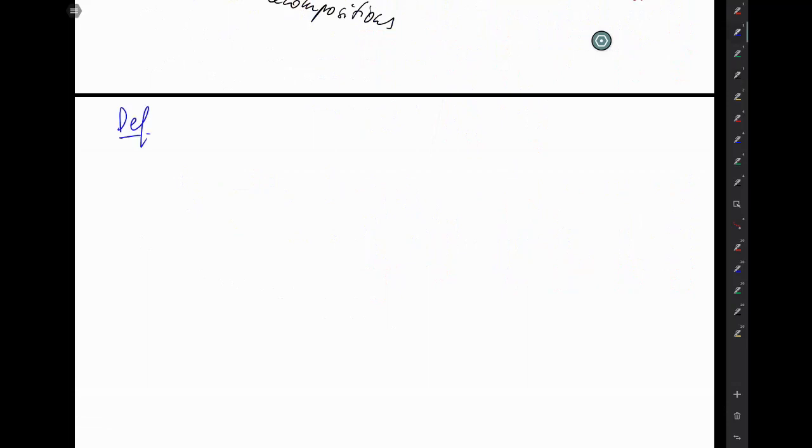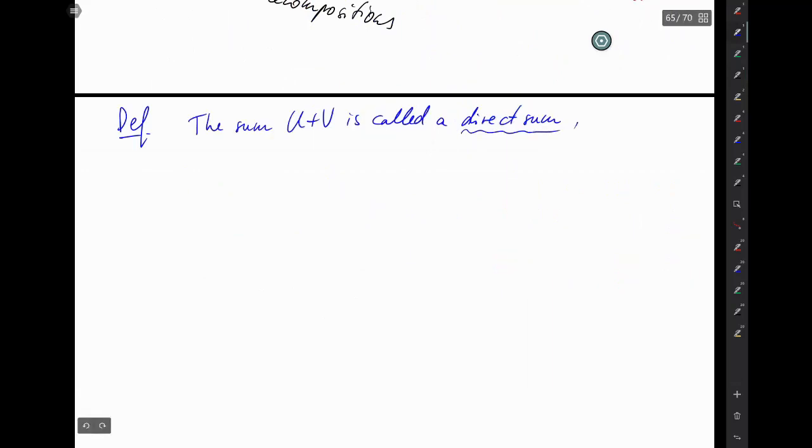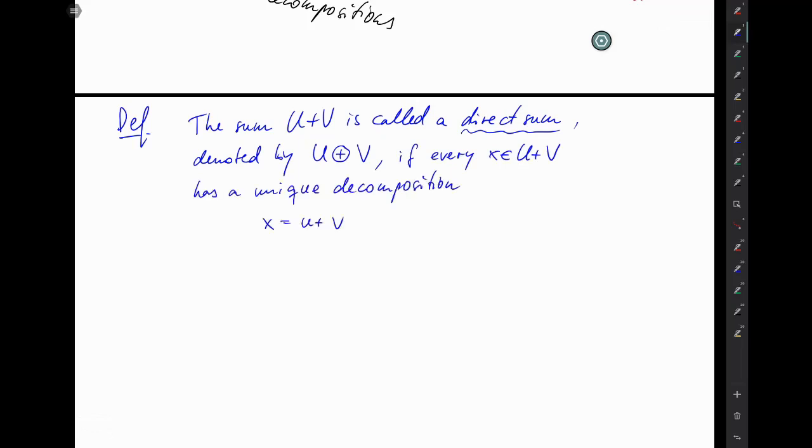The sum U plus V is called a direct sum, which is denoted by U plus V with a circle around the plus sign, if every vector x from U plus V has a unique decomposition x equals u plus v, with little u coming from U and little v coming from V. So the word unique is very important here. That's what makes the difference.